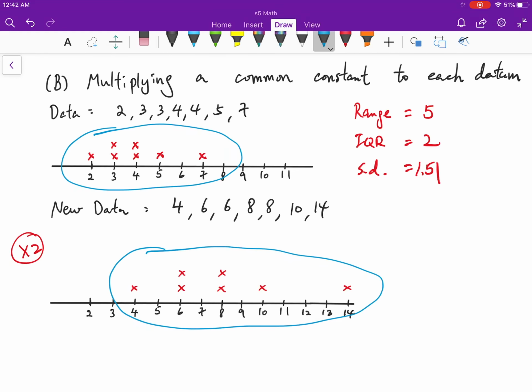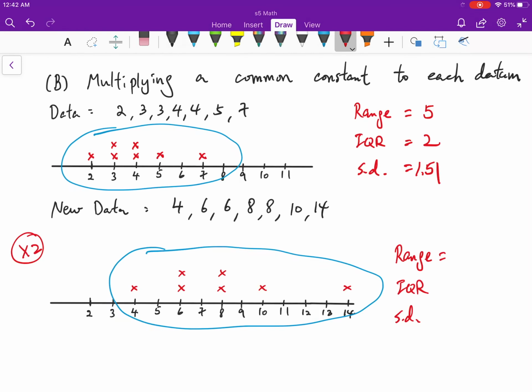If we now consider these two, you can observe that for the new set of data, the distances between the numbers are bigger than the previous one, right? So in this situation, you may think that the measure of dispersion may be bigger.